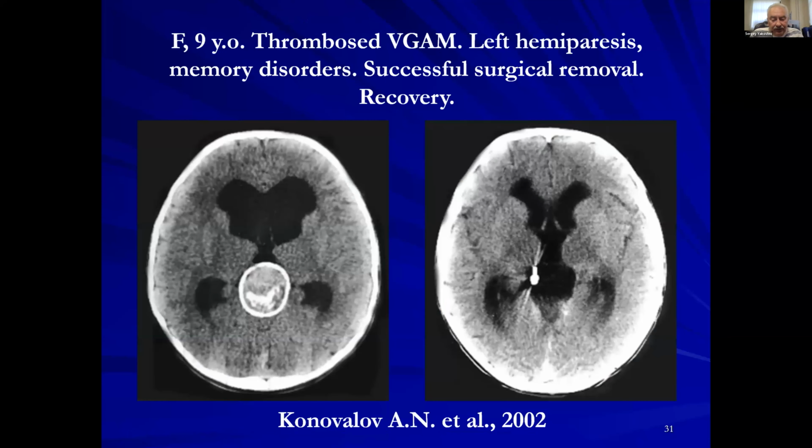And one of the cases was described in 2022 by our director, Alexander Konovalov, who performed the surgical removal of the thrombosed venous varix with a good clinical result.